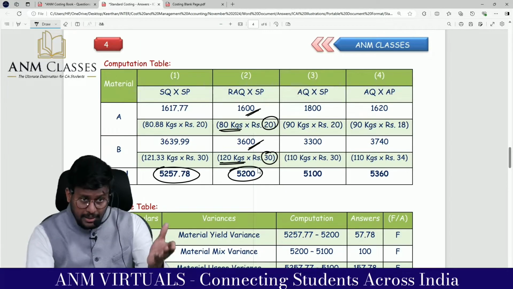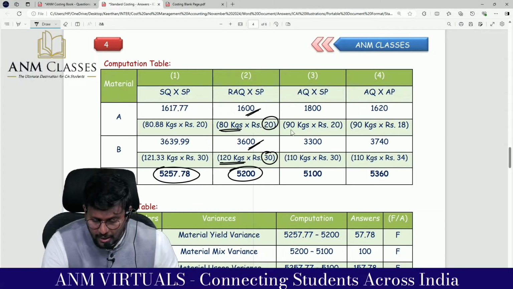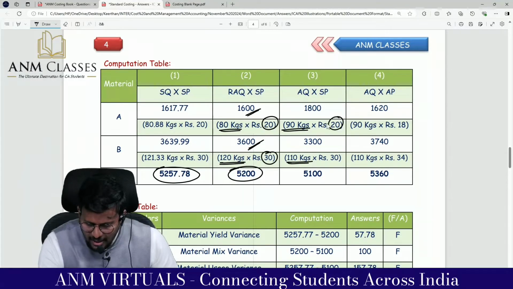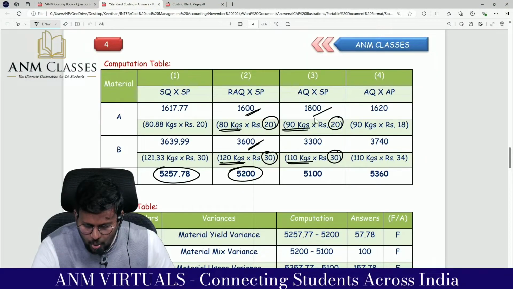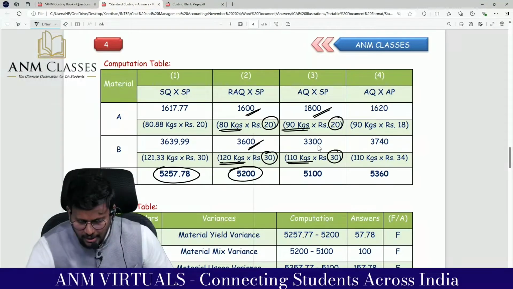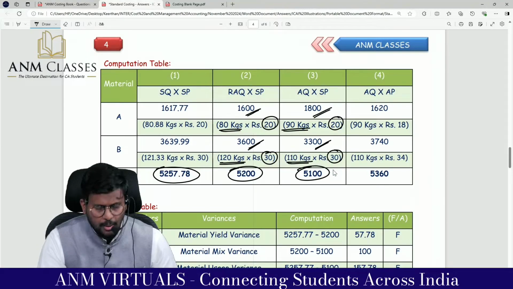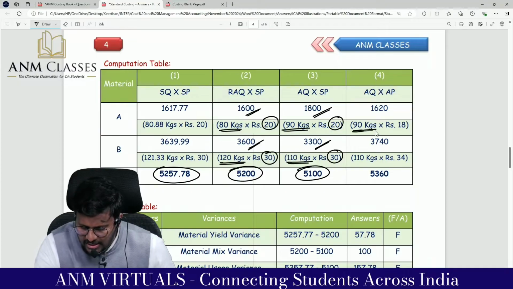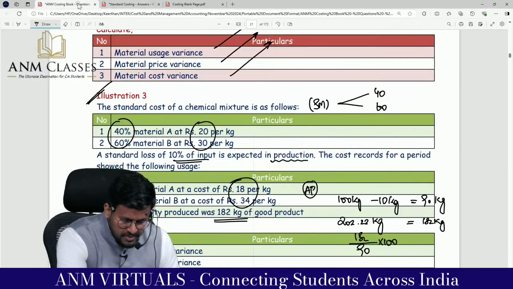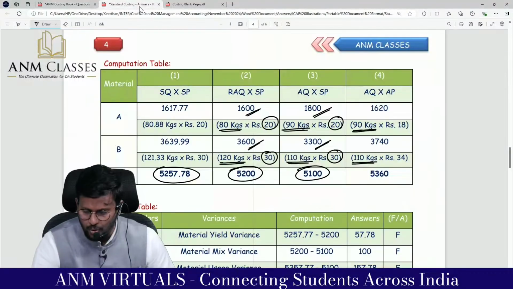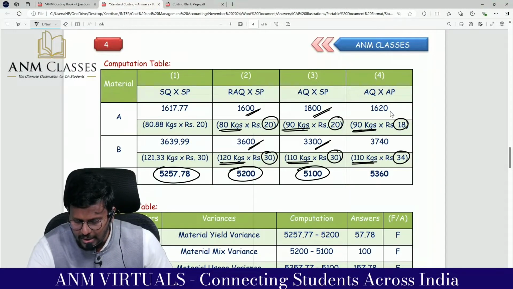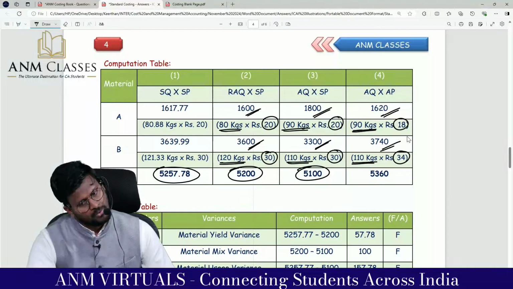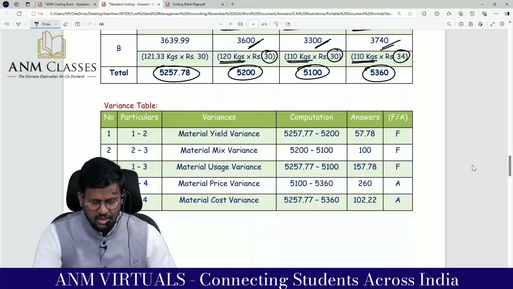Next, actual quantities are 90 kg and 110 kg at standard prices of 20 and 30: 90 into 20, 110 into 30, total comes to 5,100. Then the actual prices are 18 and 34: 90 into 18 is 1620, 110 into 34, total comes to 5360.